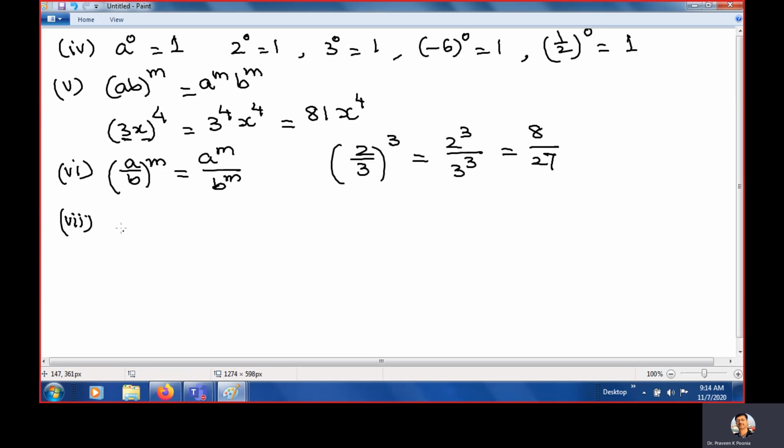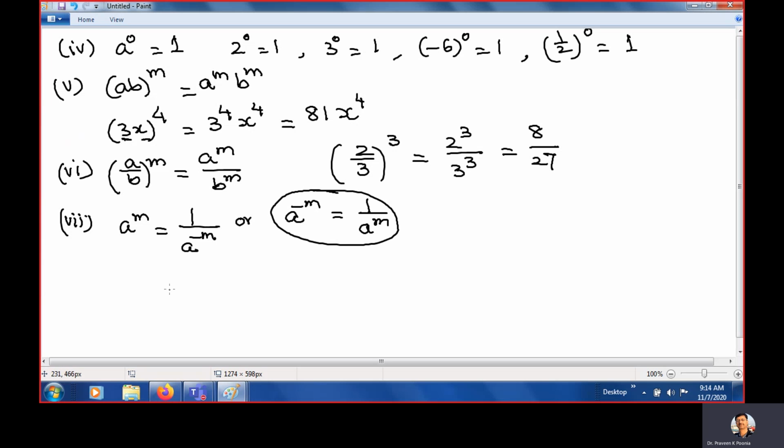Now the last property is very important. If we have a power m and we want to take it into the denominator, it will change into a power minus m. Or if we have a power minus m, it changes into a power m. We use this in many places. Clear? For example, what is the value of 3 power minus 2? The value is 1 upon 3 power 2, that is 1 upon 9.